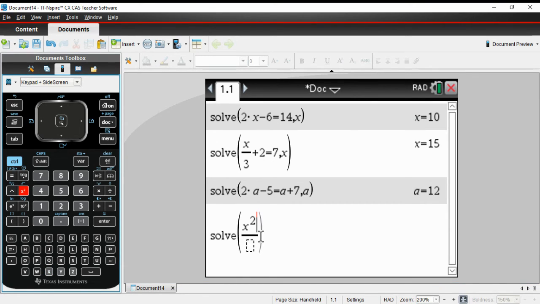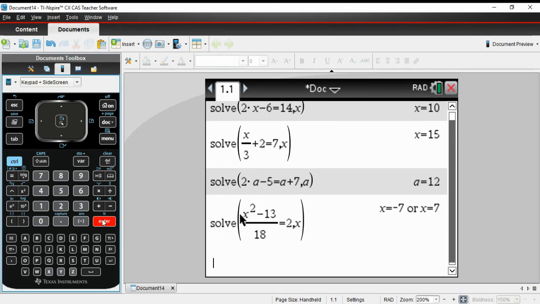Now my cursor's large, it's not up here with indices, it's actually next to the x, minus 13. Then I press my down button, type in 18 and my cross button, and that takes me back beside the fraction, and that is equal to 2. Now we're solving for x again, so pop in my comma, pop in x, close my bracket and hit enter.